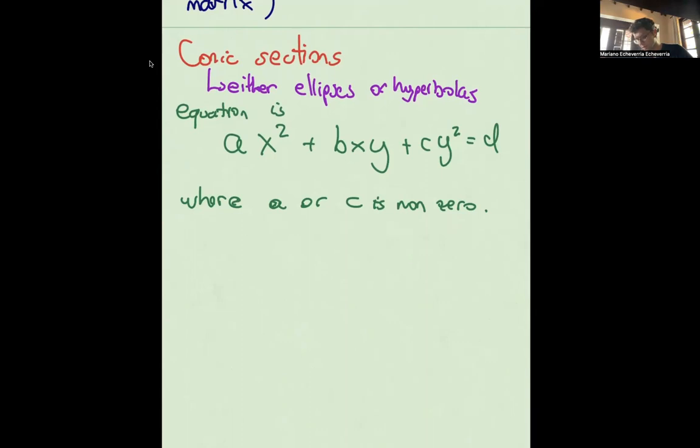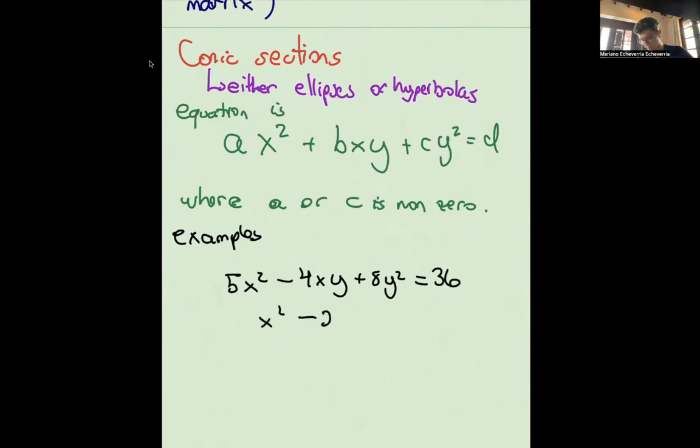Examples of these equations would be the ones that I just wrote, like 5x squared minus 4xy plus 8y squared equals 36, or x squared minus 2 root 2 xy equals 4, for example. So an equation for a conic section looks like this.